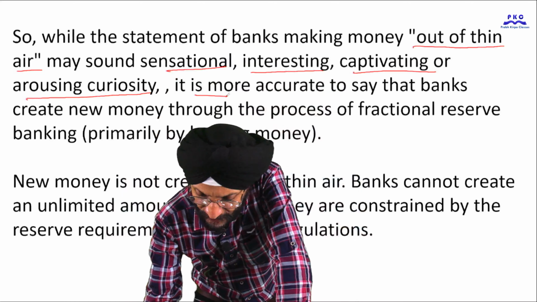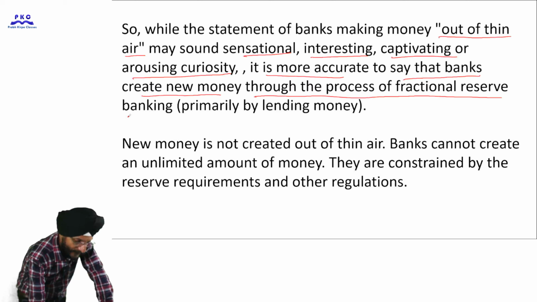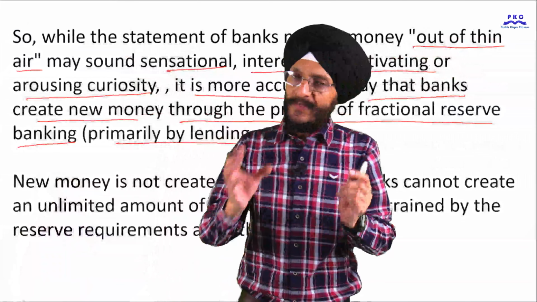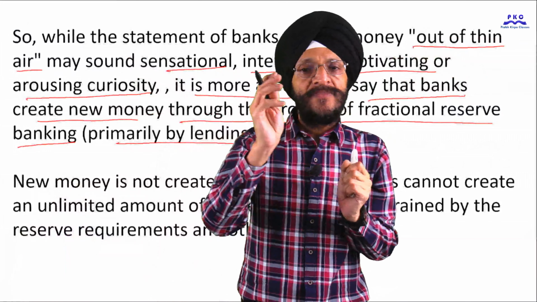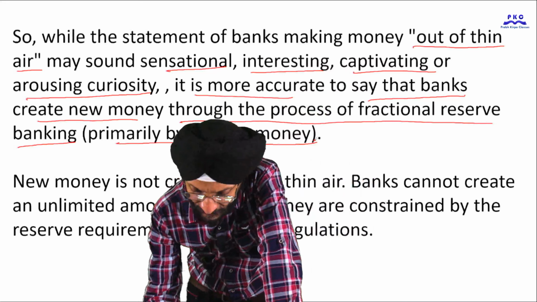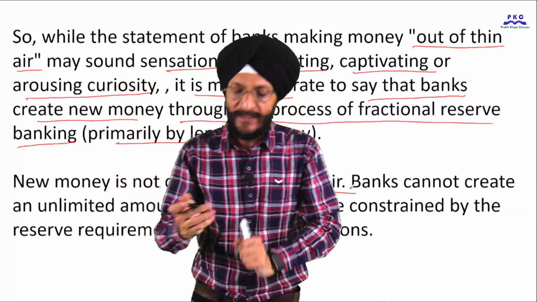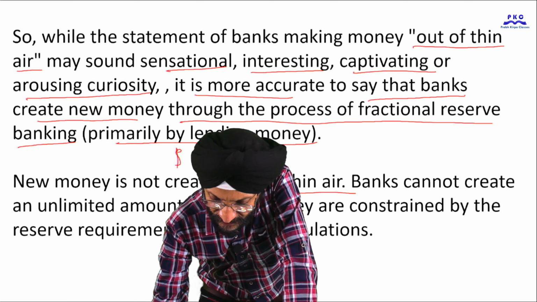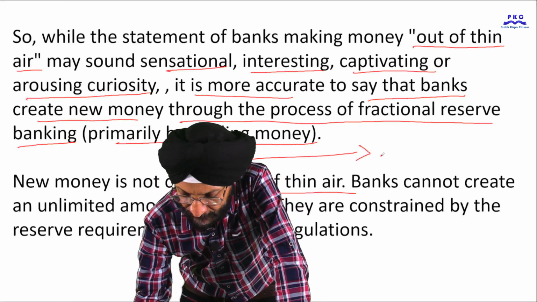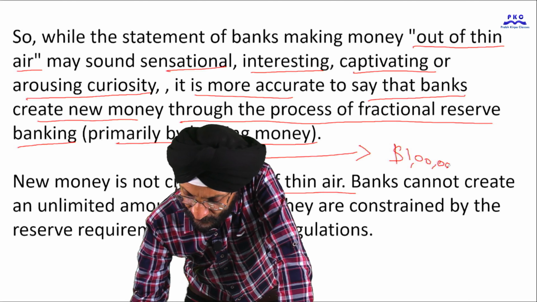However, it is more accurate to say that banks create new money through the process of fractional reserve banking, primarily by lending money. They create money, but they create money by the process of lending. New money is not created out of thin air. Banks cannot create an unlimited amount of money. It means that suppose there is $1,000 as initial deposit, it is not possible that they can create money of, say, $100,000.